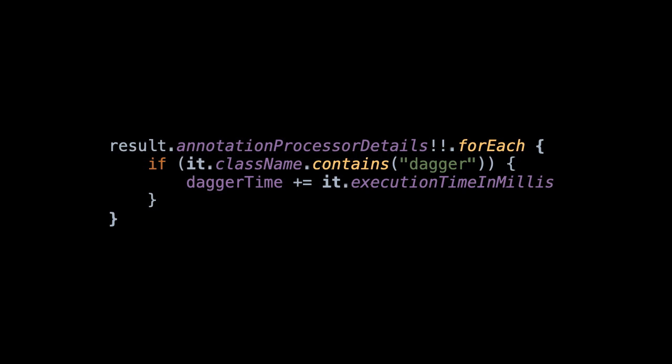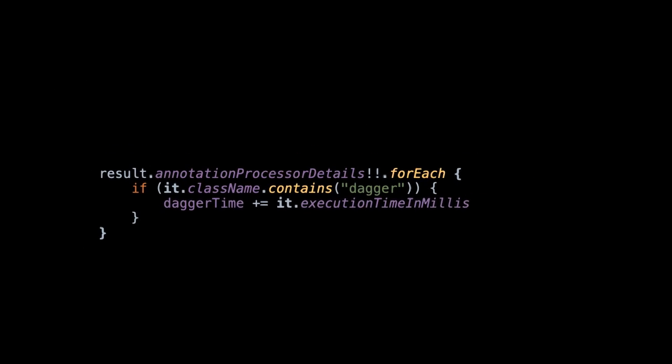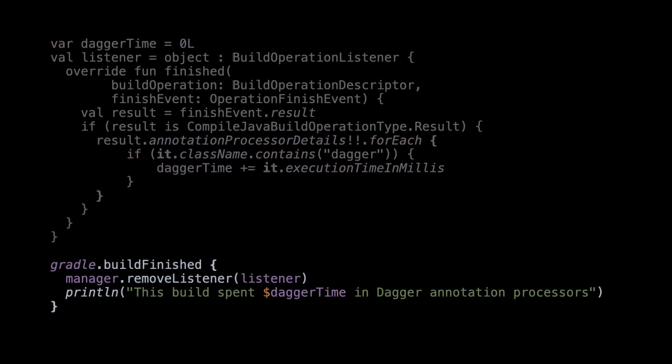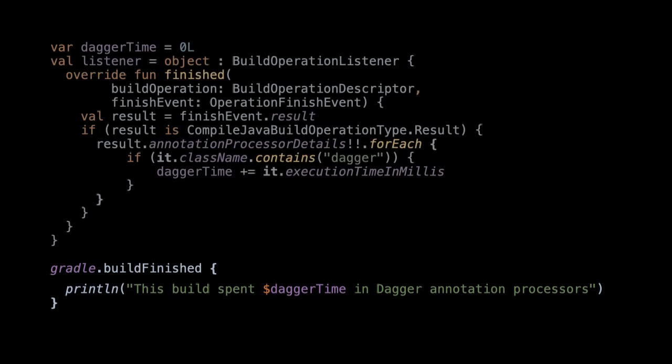We just add the amount of time it spent executing to our total Dagger annotation processor time. Pretty straightforward, right? Once you get the hang of all the Gradle hackery, it's not too bad. And then at the end of your build, you just print out the Dagger time. And that's really it.